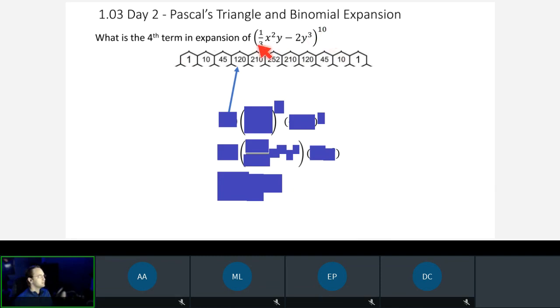This 10 tells us we want to use this row. And because we're finding the fourth term, we just count first term, second term, third term, fourth term. So that should be a 120 right there. See, I got you started. Oh, time's up.